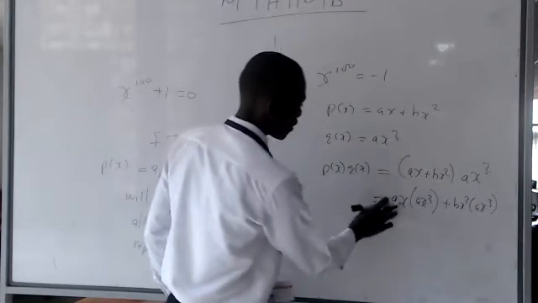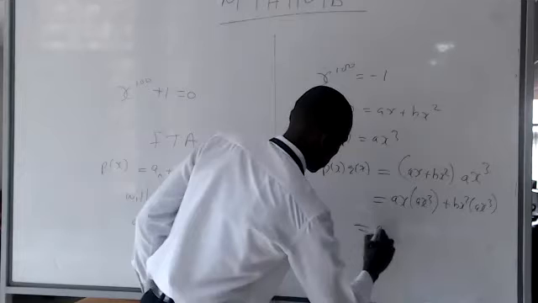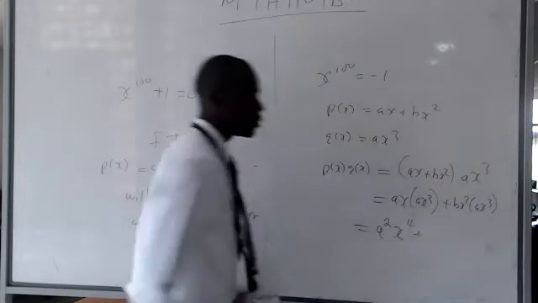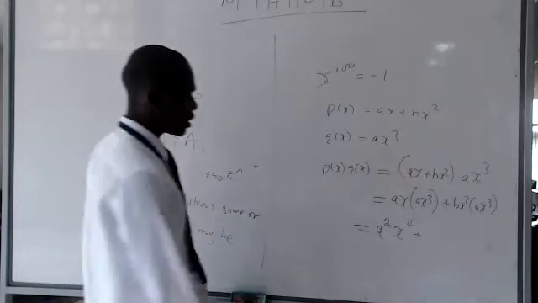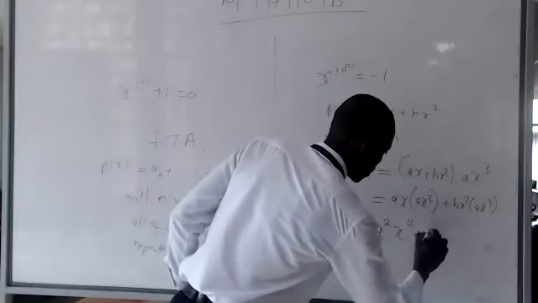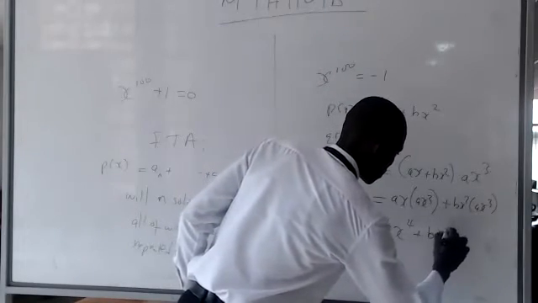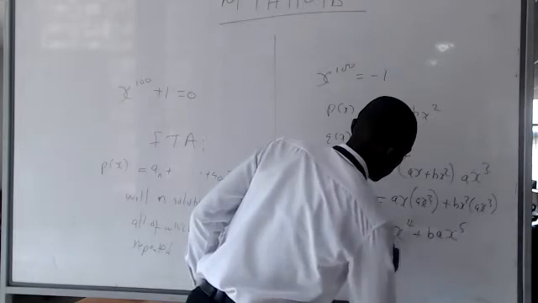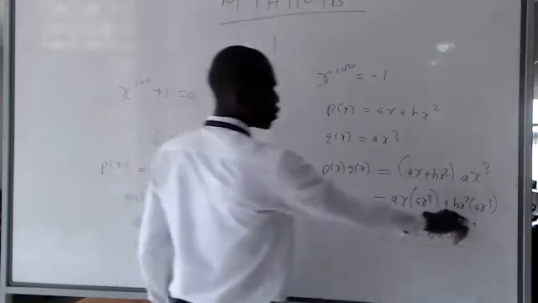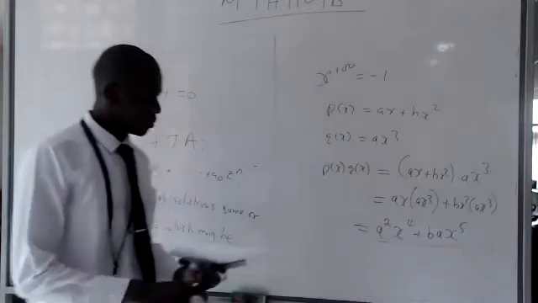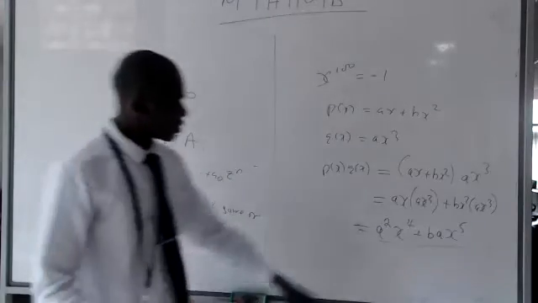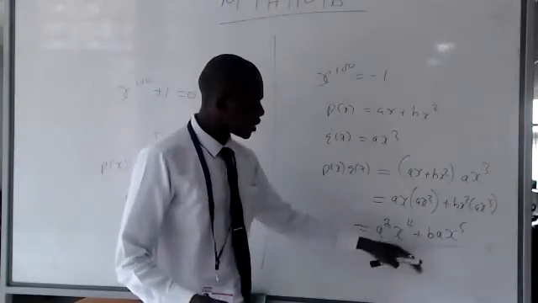Here I have a times a, that is a squared, x times x cubed is x to the 4. I'm using laws of exponents: when you're multiplying, you just add the exponents and keep the base. And then here we'll have b times a, x to the 5, where 5 is 2 plus 3. So that's your product, and you cannot simplify it more than this.